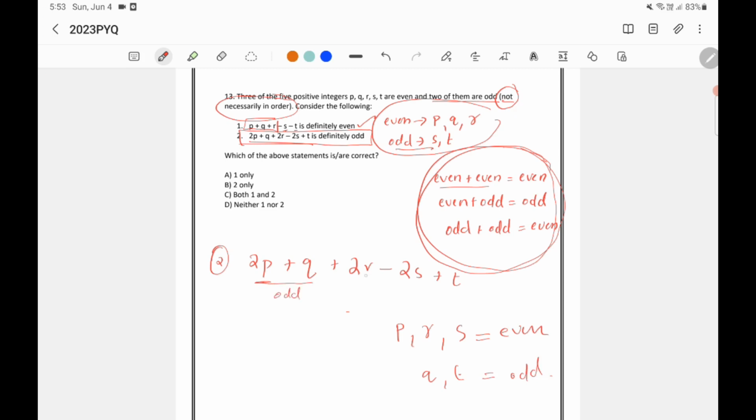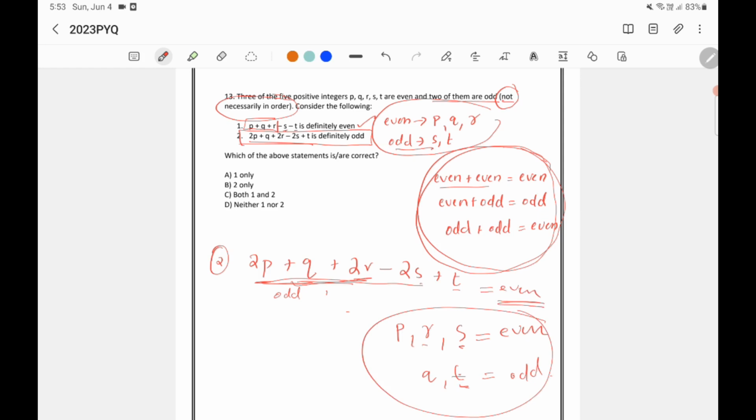Now 2r is even, so odd plus even will become odd. Now s is again even, so odd minus even will be odd. Now t is odd, so odd plus odd will become even. So if I take in this order, I will get this as even.